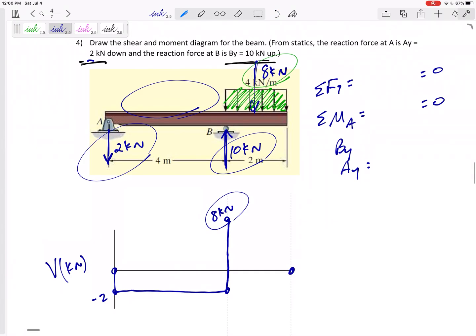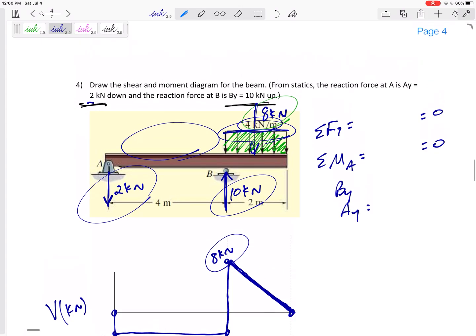Well, it gets pushed down by a uniform 4 kilonewtons per meter. So for every meter it is going down 4, it has a slope of -4. A uniform distributed load pushes this down linearly.